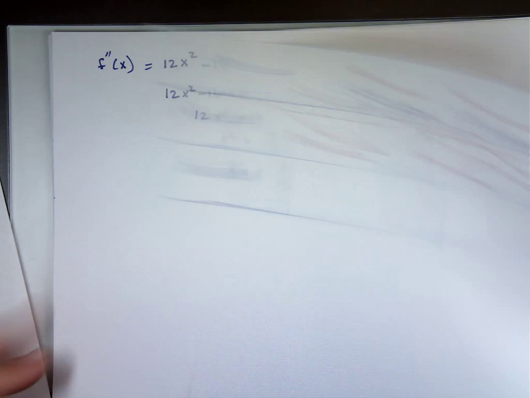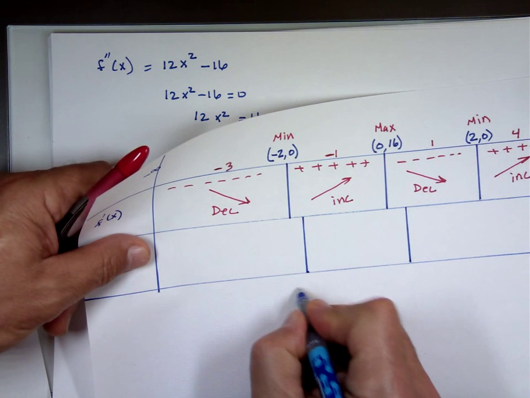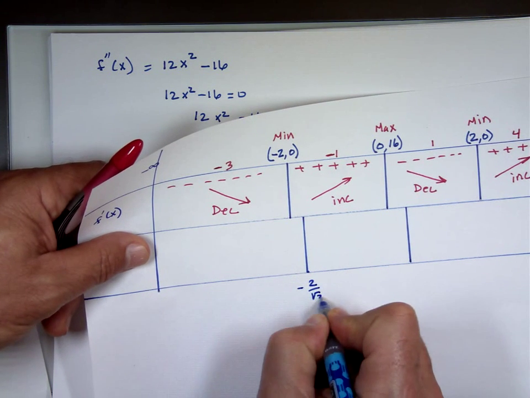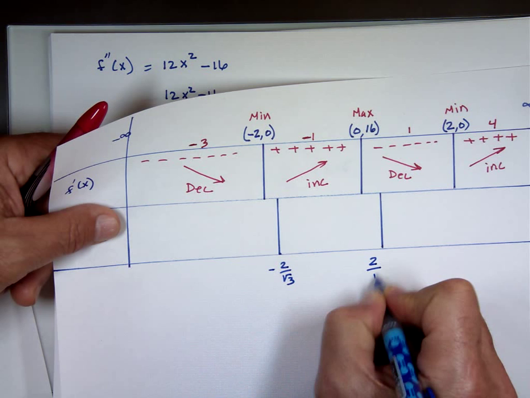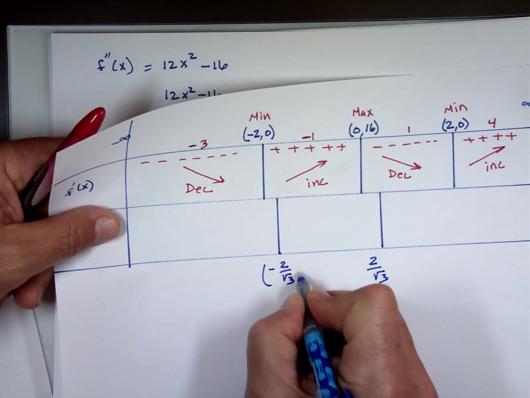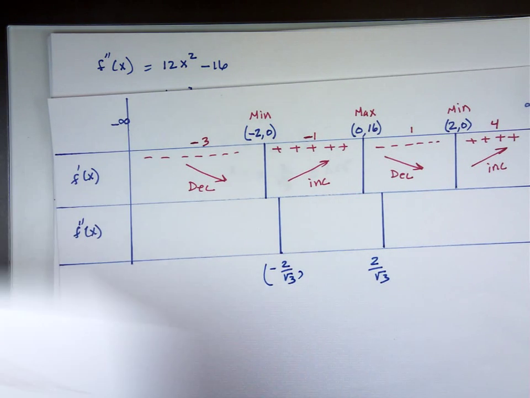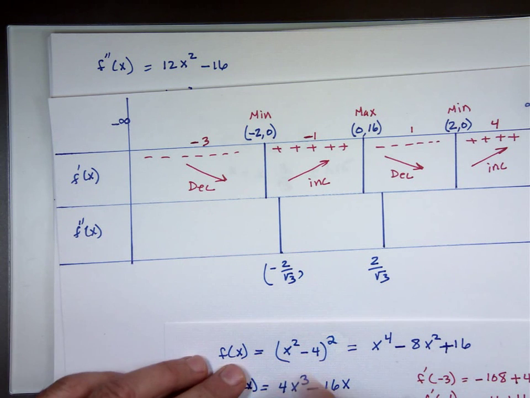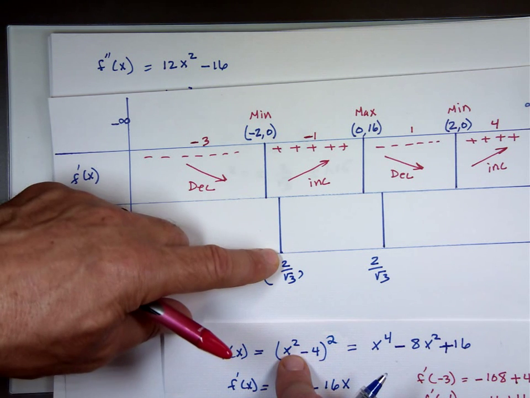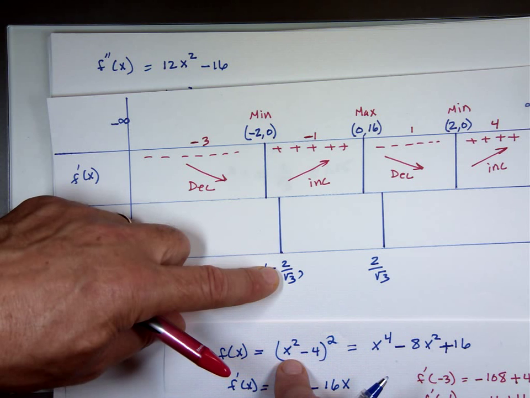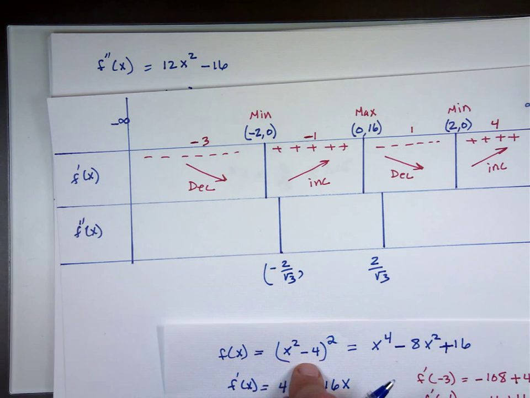So the values for them, negative 2 over the square root of 3, 2 over the square root of 3. And maybe I can find the y value while I'm at it. The y value, go to the function, square that. 4 over 3 minus the 4.